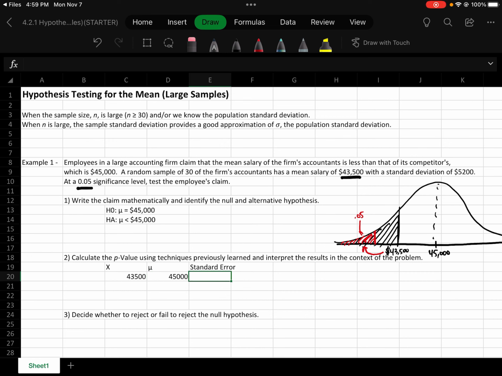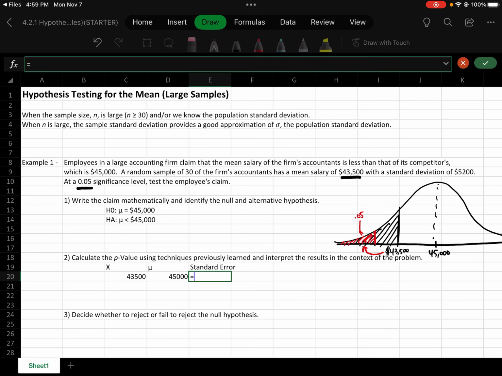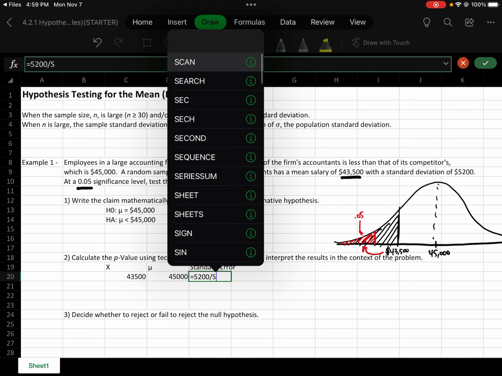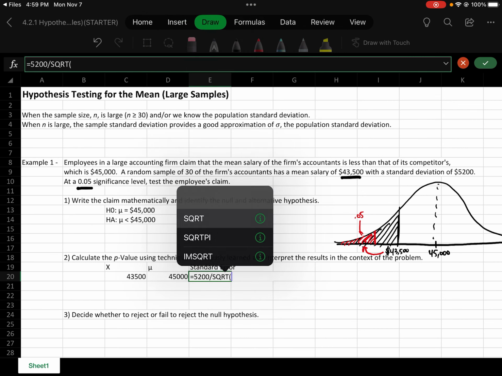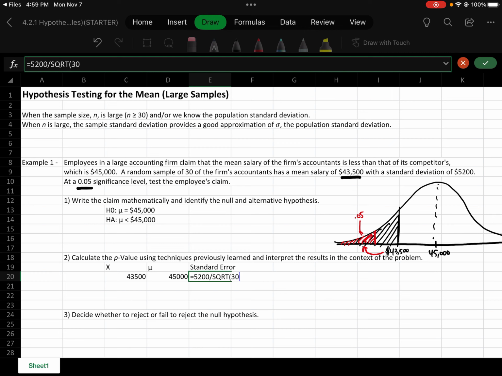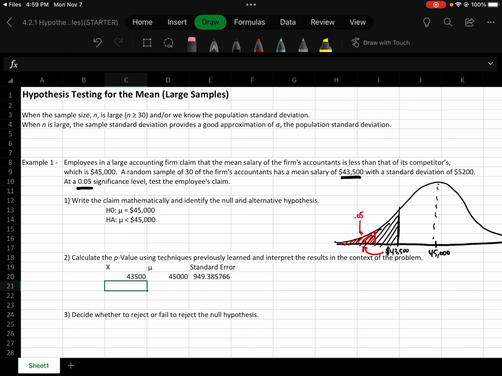And my standard error, since I don't have the actual population standard deviation, I'm going to approximate this with the sample standard deviation, which was 5,200, divided by the square root of 30. And so my standard error is about $949.